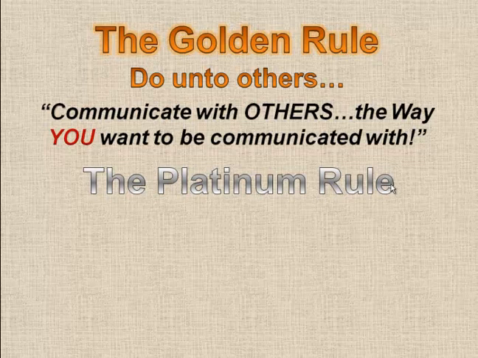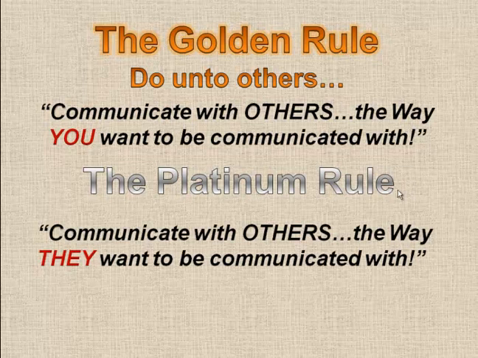The better tactic, the better strategy, the better rule is called the platinum rule. And the platinum rule says, if you want to communicate effectively with other people, do so in a way that they want to be communicated with. You see the difference? The golden rule would say, well, communicate with everybody the way you want to be communicated with.